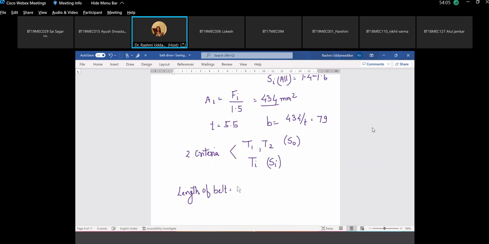In terms of center distance and diameters? 2 times the center distance plus pi (d1 plus d2) by 2. Was this expression derived then? Yes or no? Pranay? Bharti? Yes.